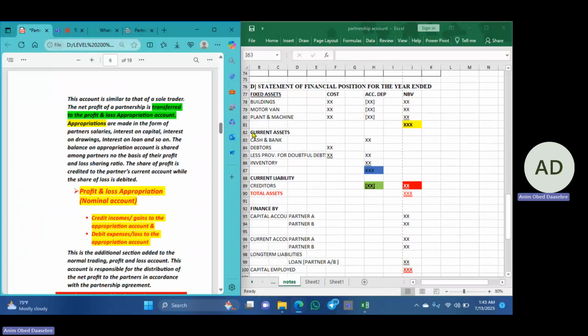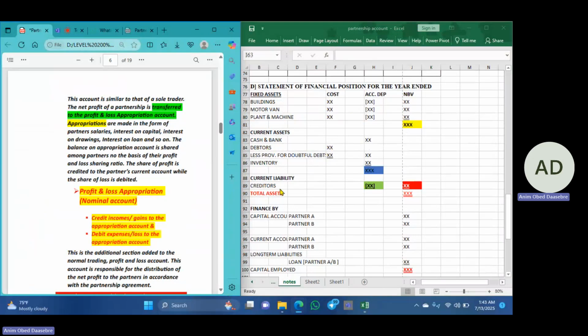Then the next one is to record your current assets, your cash and bank, debtors. For debtors, you need to subtract your provision for bad debt from the debtors amount. Then you carry the net amount to add it to the cash and bank. Then inventory, add it, get a total for current assets. You also come to current liability.